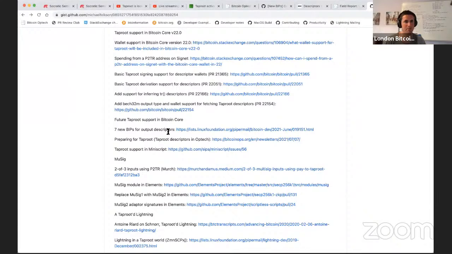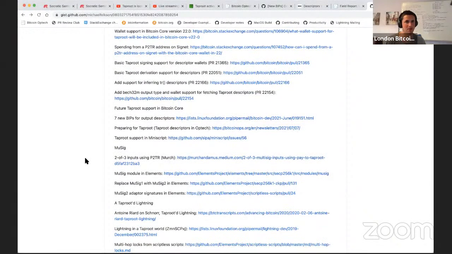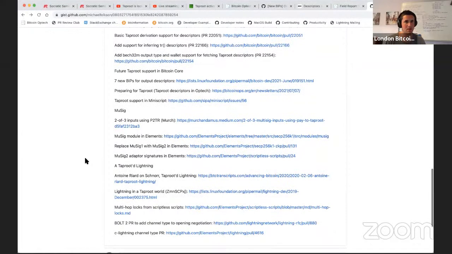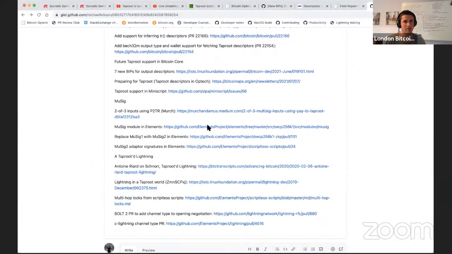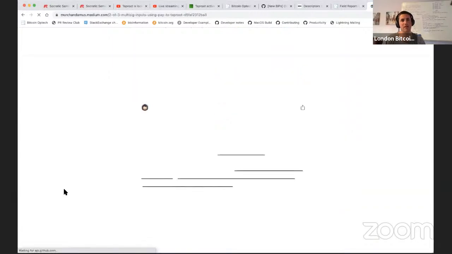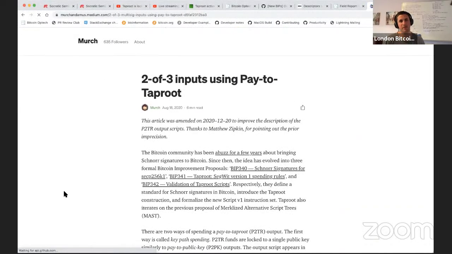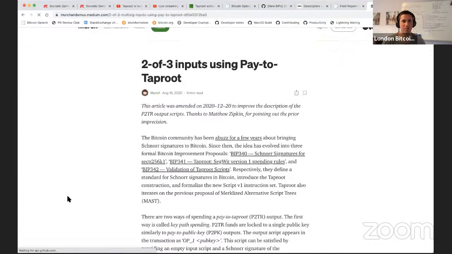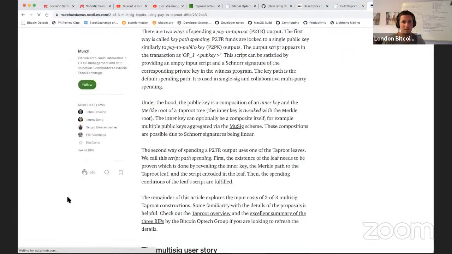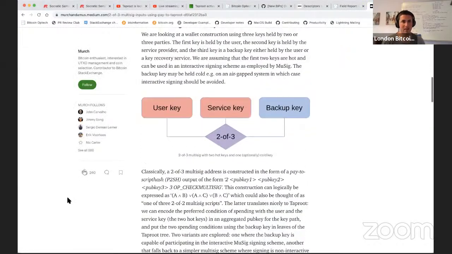We've gone through the 7 BIPs that Andrew's opened. So this post, I referred to this earlier. This is how you get a 2 of 3 using musig. When we do have musig support, you'll have a 2 of 2 on the key path, and then 2 leaf scripts that are also 2 of 2.